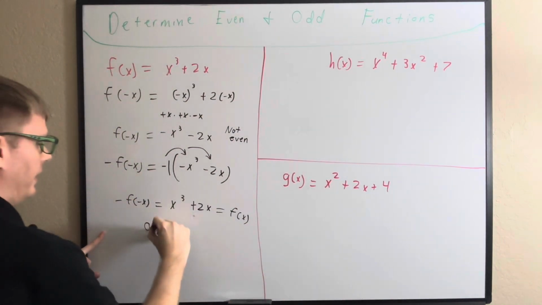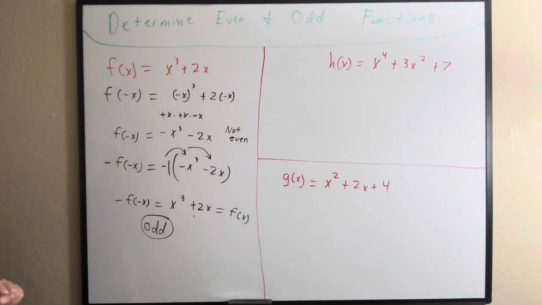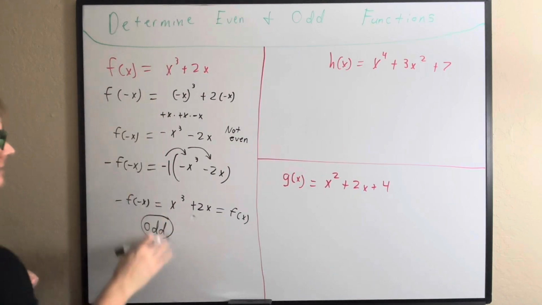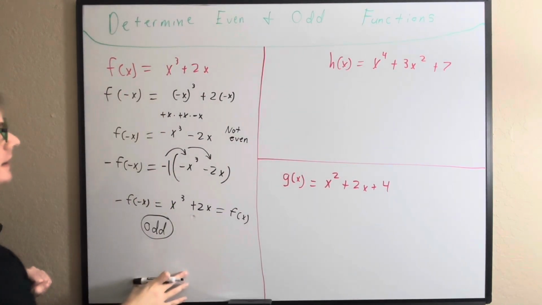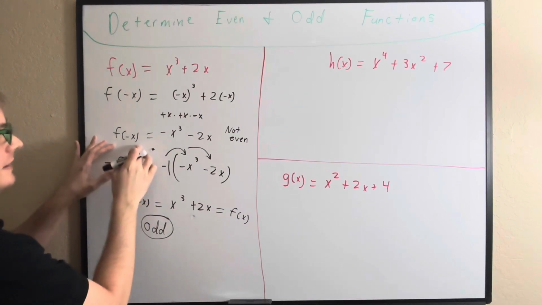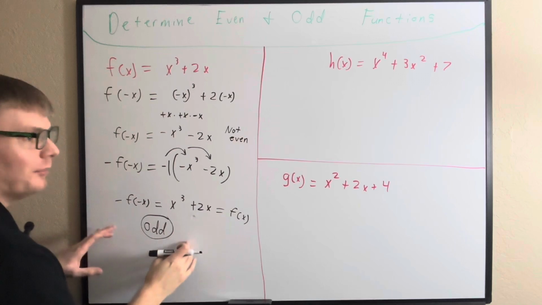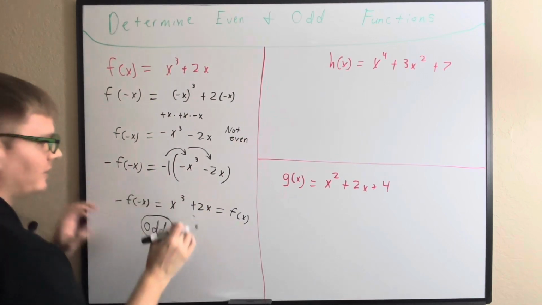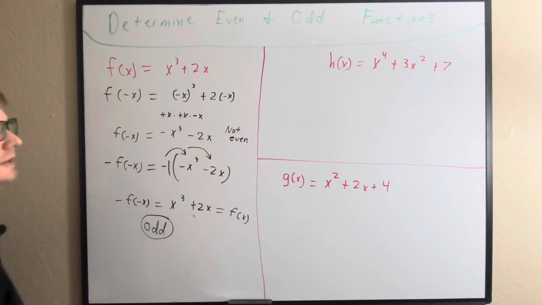It means it is odd. That's the math version of how to determine if a function is even or odd. Basically, we start with this. If it's even, then great, and we don't have to do the odd part. If it's not, then we do the odd part. And if it's neither, then we say neither is our answer.